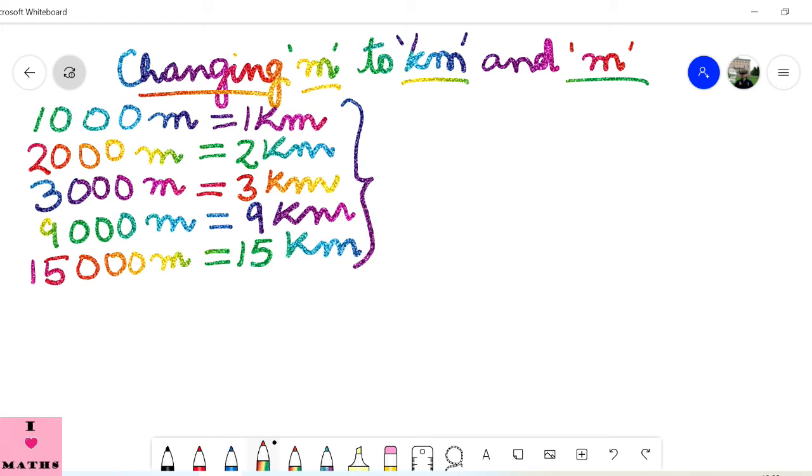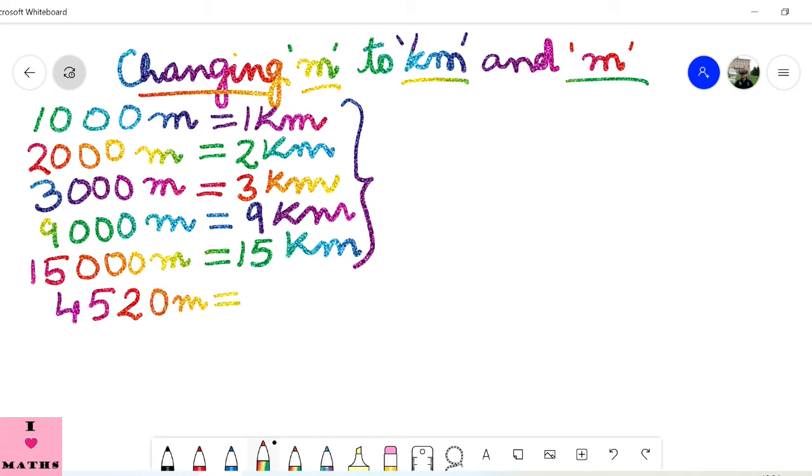Okay, now let us consider a case where the distance between two places was 4520 meters.